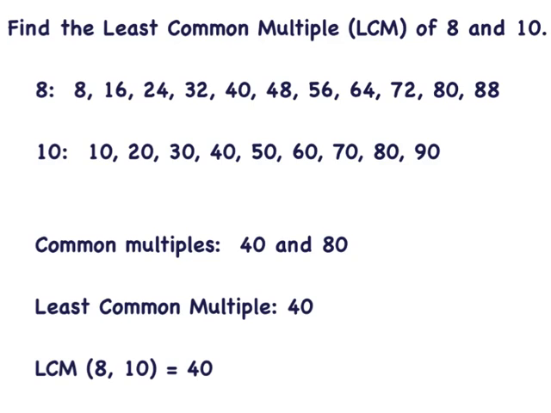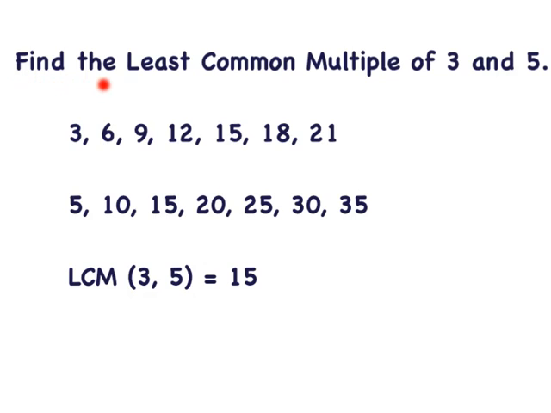When my eyes look down this row, I see 40s. I also see 80s, and of course if we were to continue our row of multiples on down, I'm sure we would find more. But my question asked me to find the least, that means the smallest number that they have in common. Well, if I look at 40 and 80, of course the 40 is smaller. So my LCM, or my least common multiple, of 8 and 10 is 40.